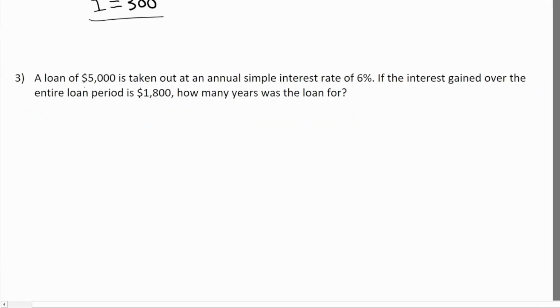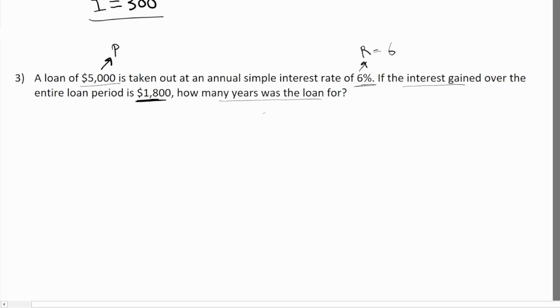Question 3. A loan of $5,000 is taken out at an annual simple interest rate of 6%. This is P, and this right here is R, is equal to 6. If the interest gained over the entire loan period is 1,800, how many years was the loan for?